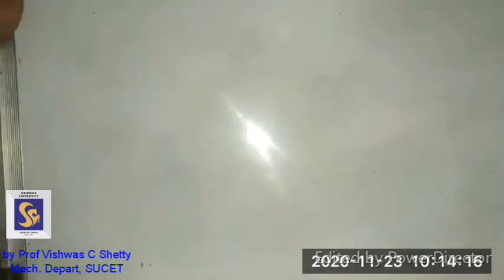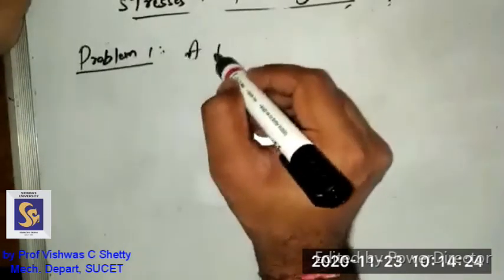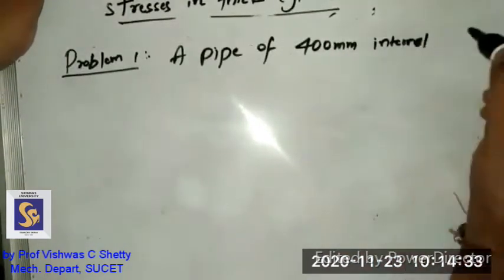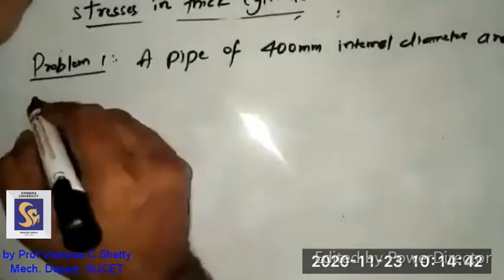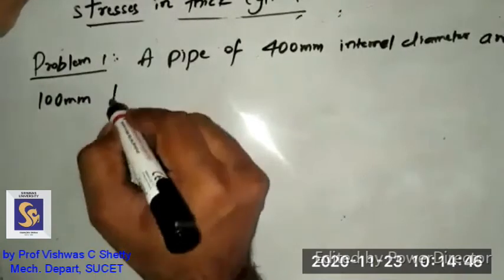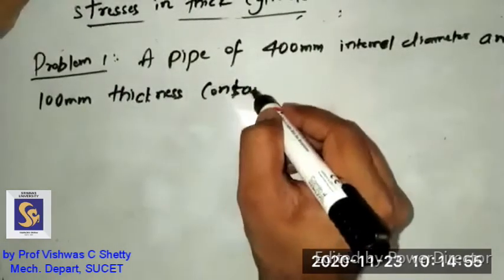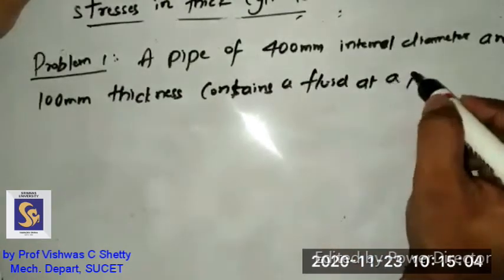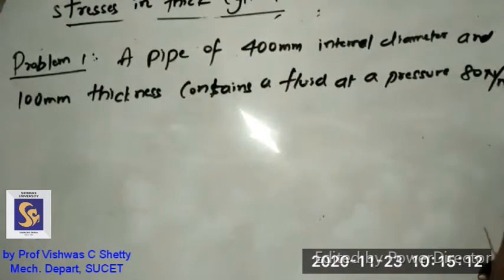Okay, write down. Problem 1: A pipe of 400 mm internal diameter and 100 mm thickness contains a fluid at a pressure of 80 Newton per millimeter square.